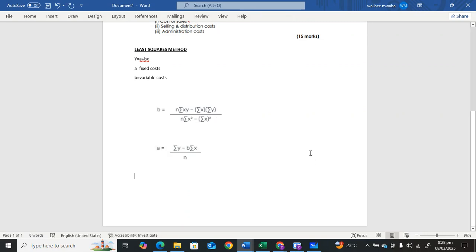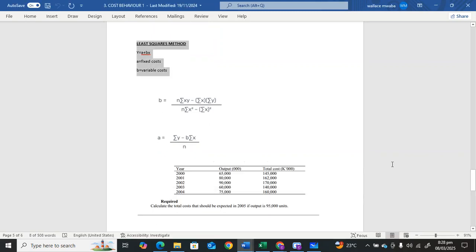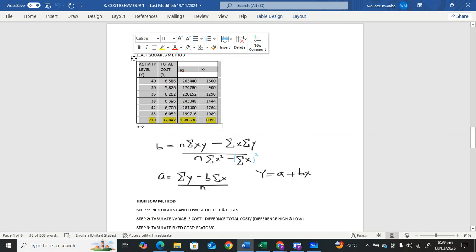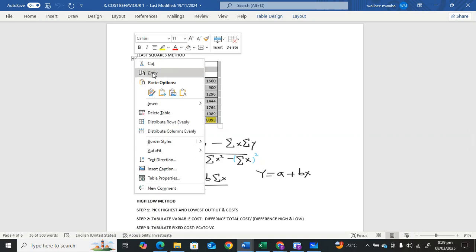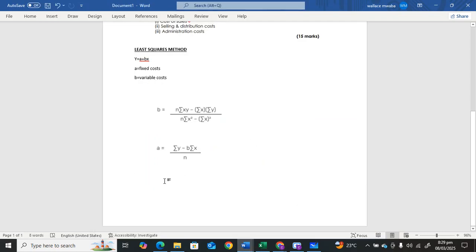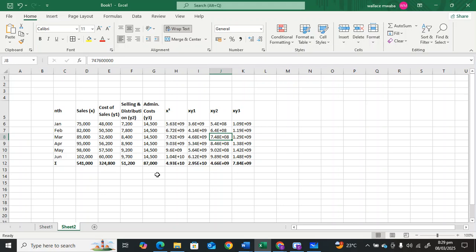You just form a table like this. Let me get this table from here. So we can use Excel so that we make life easier.